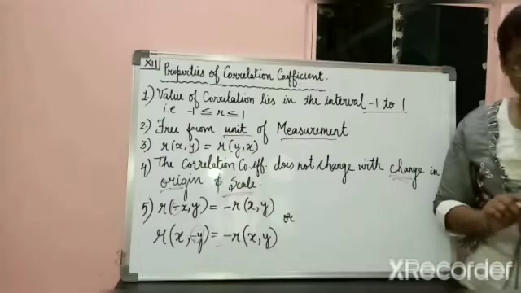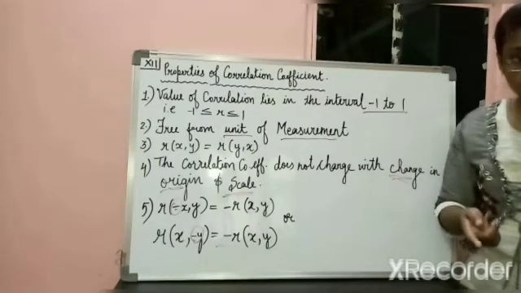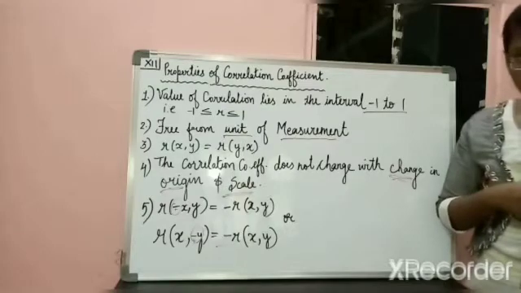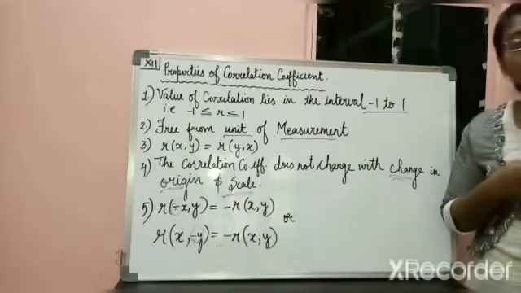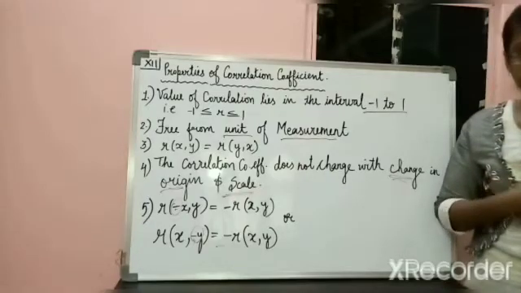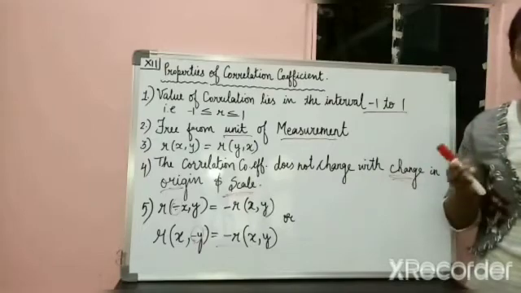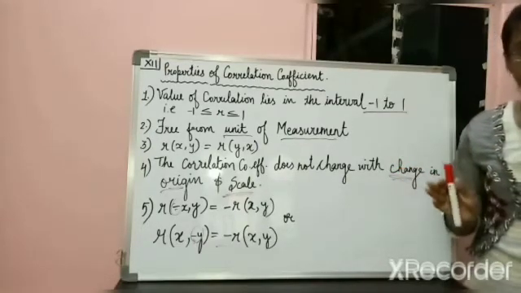So clear with this? 5 properties of a correlation coefficient. Again let us recall. The first says it should be within the limit of minus 1 and positive 1. Understood? Second, it says it is free from unit of measurement. Third, it says whether you interchange the values, that is x or y, the correlation coefficient would always be the same, that is equal.